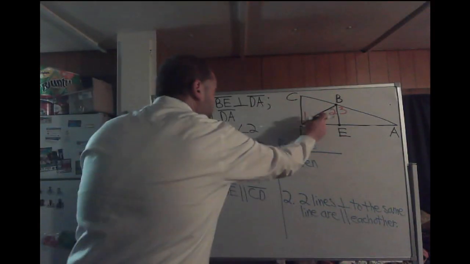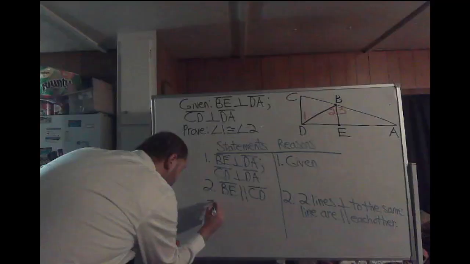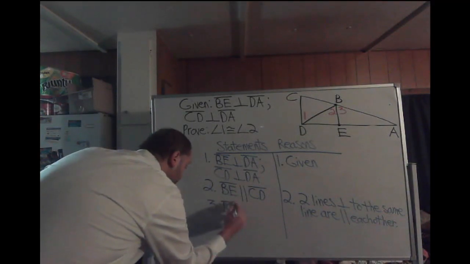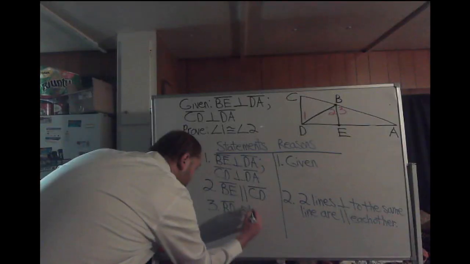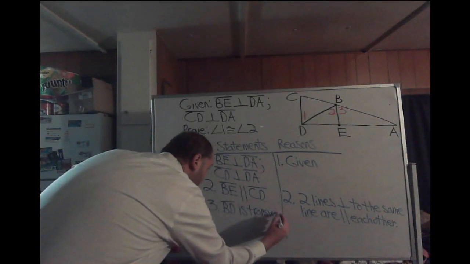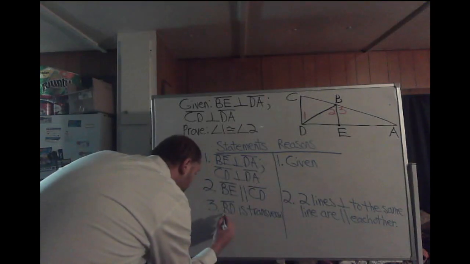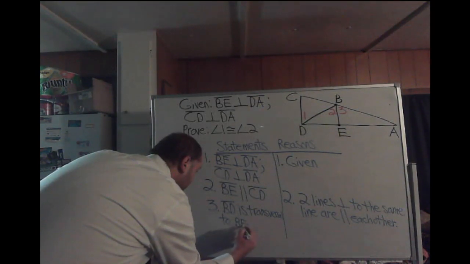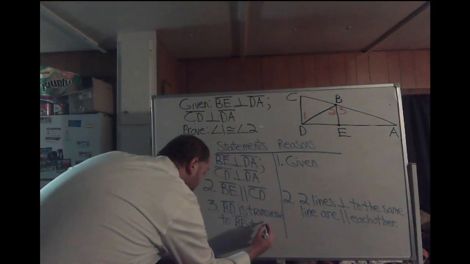And then, looking at the diagram, the third statement we want to make is that line segment BD is transversal to line segments BE and CD.